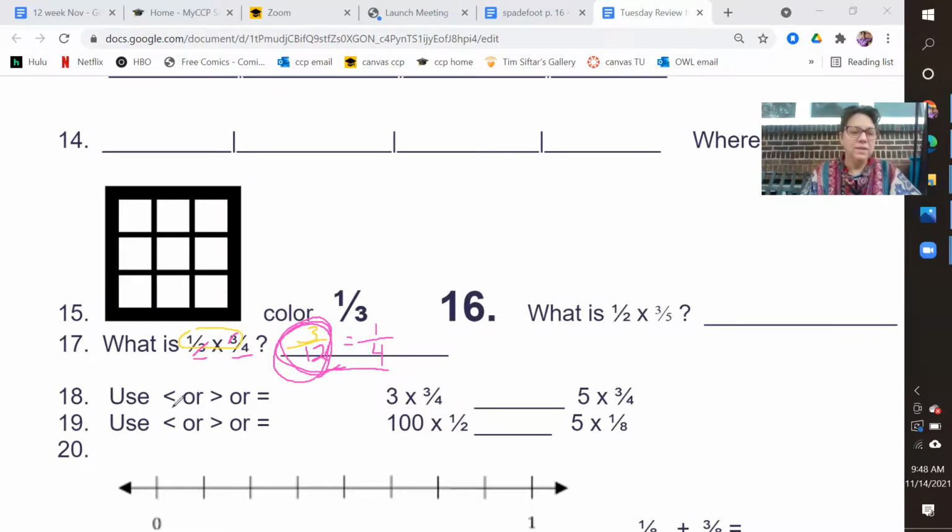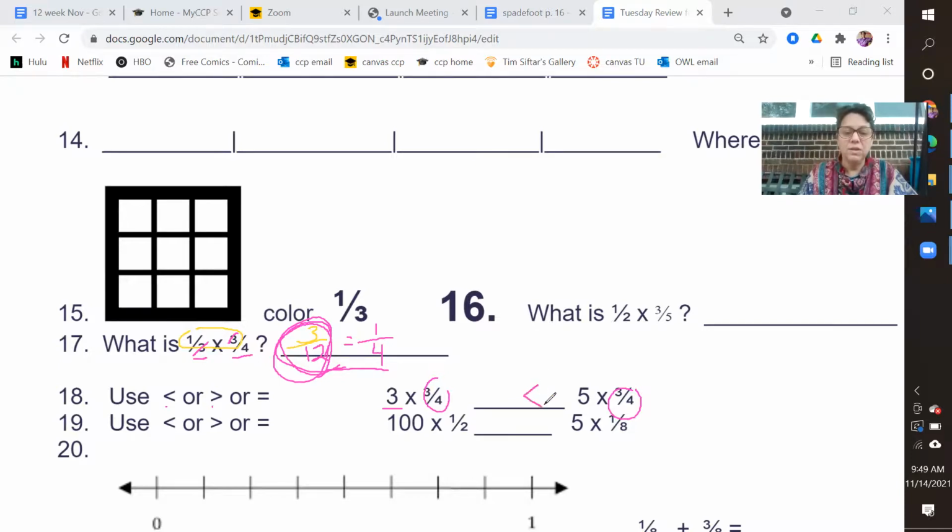Number 18, we're going to use less than, greater than, or equal to, and we can check it out. Which one is bigger? And we don't even have to do the math. What is bigger? 3 times 3/4 or 5 times 3/4? This and this are the same. So which one's bigger? 3 or 5?